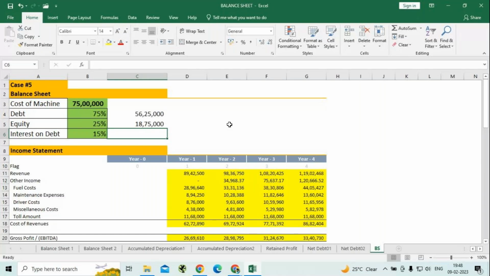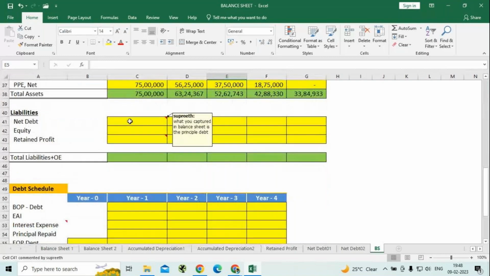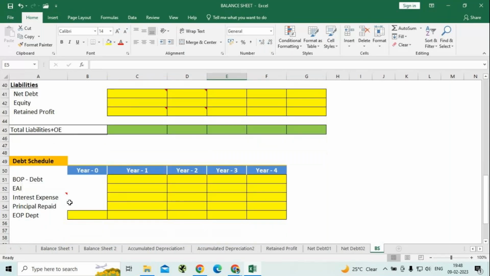So now you have to take this value. If I want to know the net debt of that year, you have to prepare this debt schedule. So what is the loan amount I'm going to take?